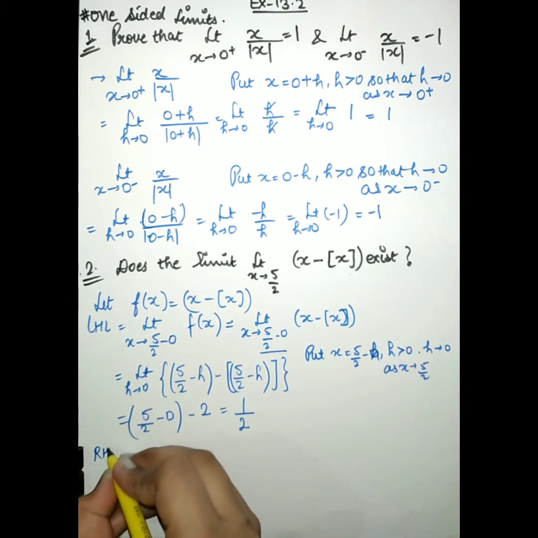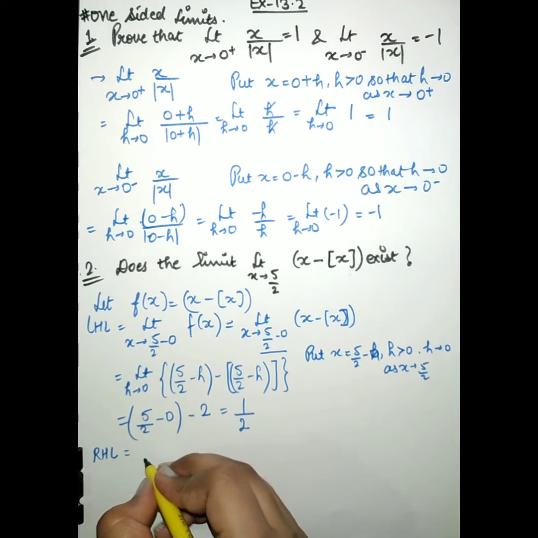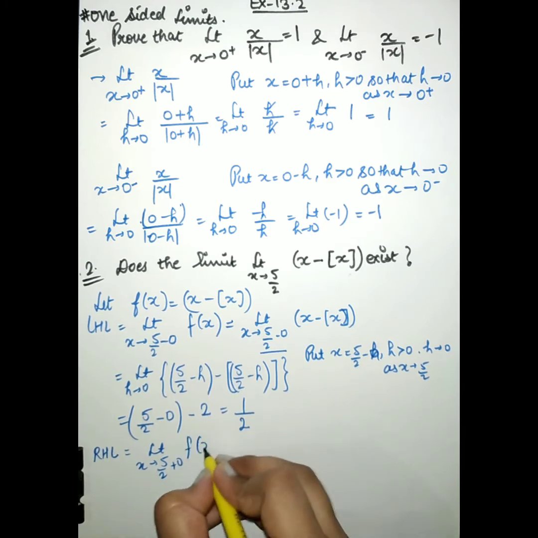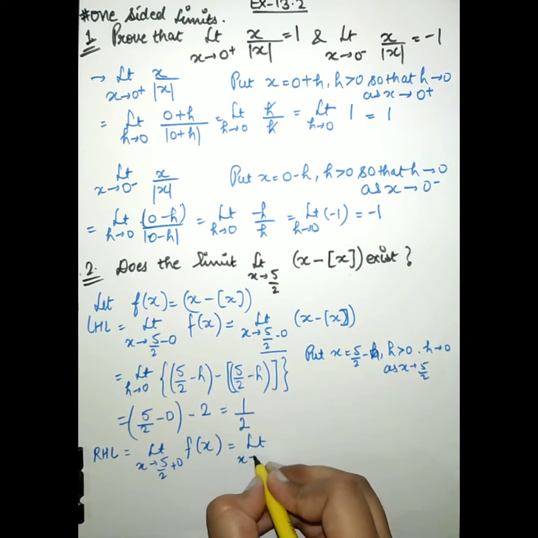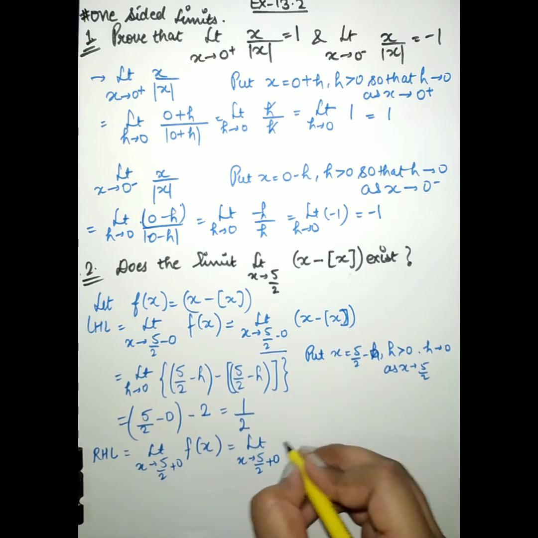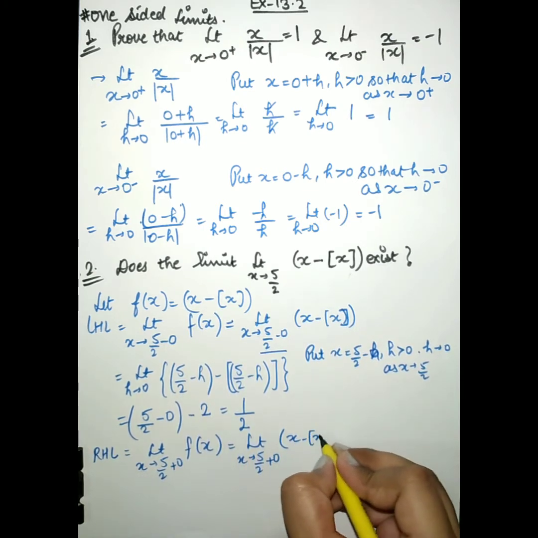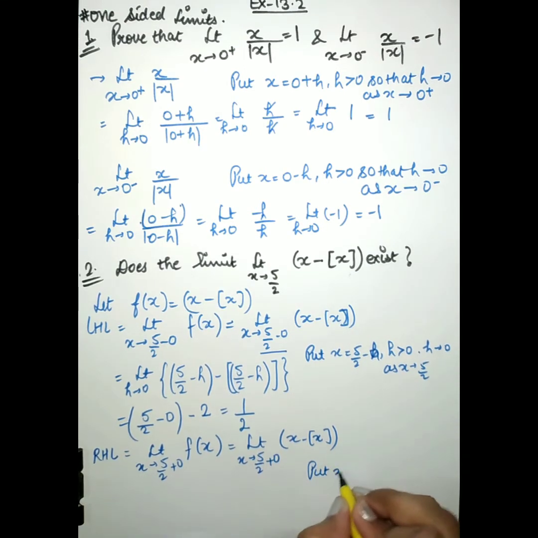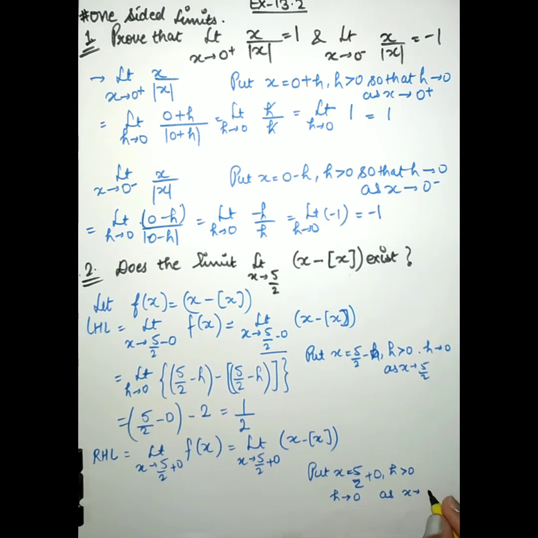Then right hand side limit will become limit x approaches 5 by 2 plus 0 of f of x, it will become limit x approaches 5 by 2 plus 0 of x minus box of x. It will become, by putting x equals 5 by 2 plus h, h is greater than 0, so that h approaches 0 as x approaches 5 by 2 plus 0.